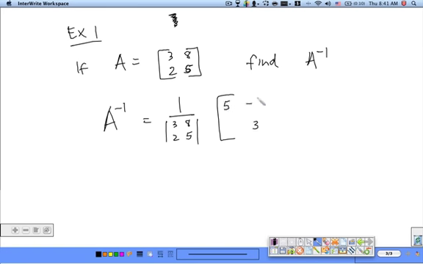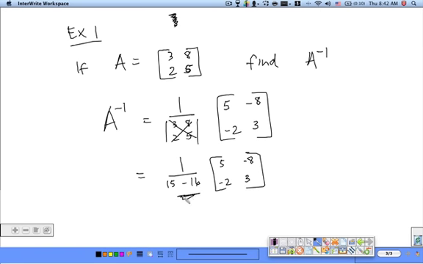Then the opposite, negative 8, negative 2. All we have to do now is basically simplify. So equals 1 over, now what's the determinant of this matrix? Well, downward is 15 minus upward 16, times this right here, 5, negative 8, negative 2, 3.